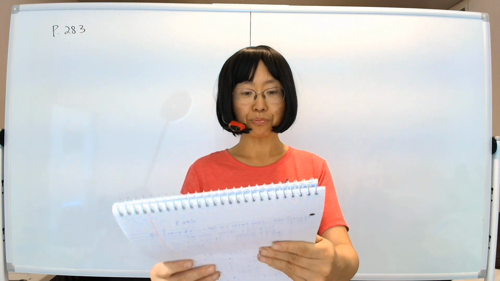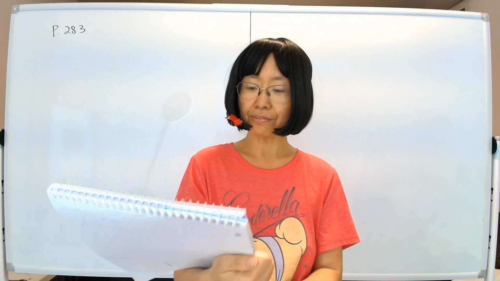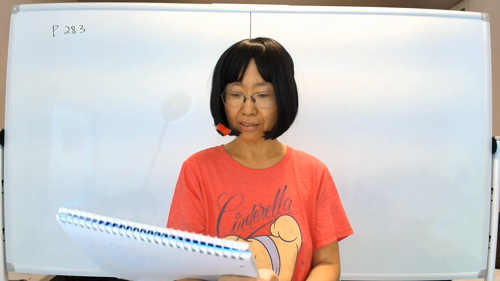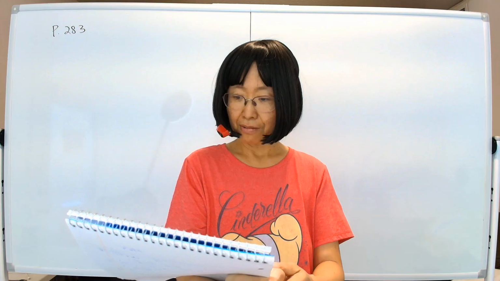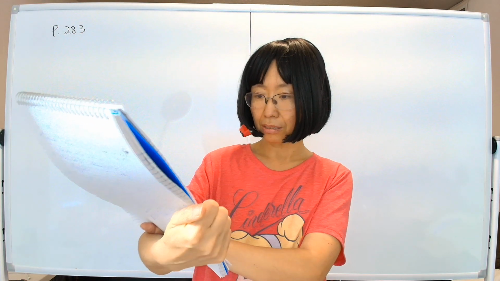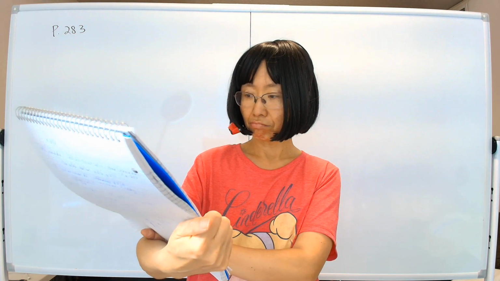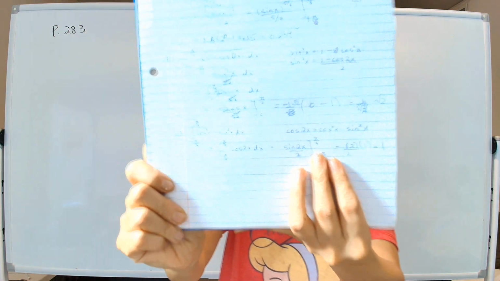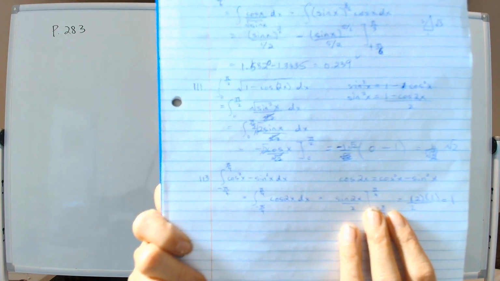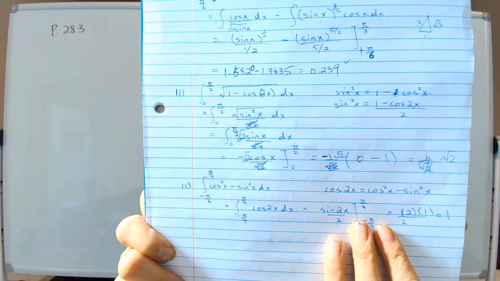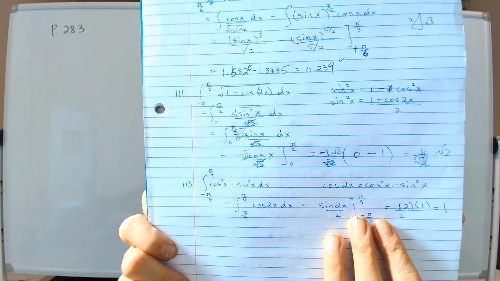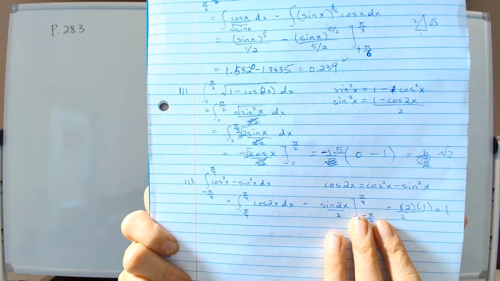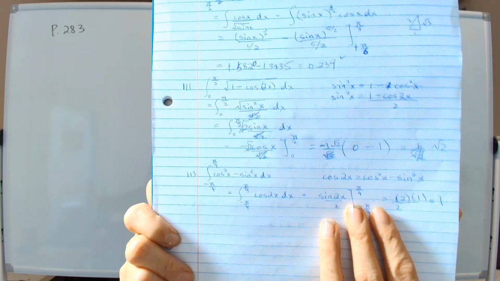let's look at problem 111. Problem 111 is 1 minus cosine 2x. The trick to doing that, and you're under the square root, but we are only worried about values from 0 to pi over 2, during which the cosine value is, let me think about this.